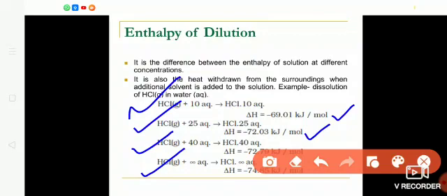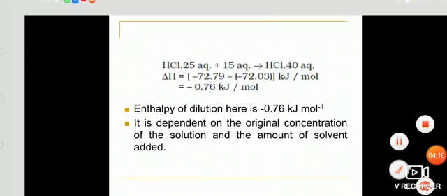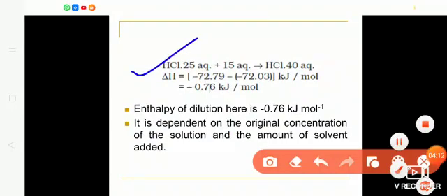Now, if we take our second solution, where the HCl is dissolved in 25 moles of water, and to this we add 15 moles of water, that means we dilute our solution. Then we will find that some energy is released during the process, and the amount of energy released will be equal to the difference of the enthalpies of the solution.